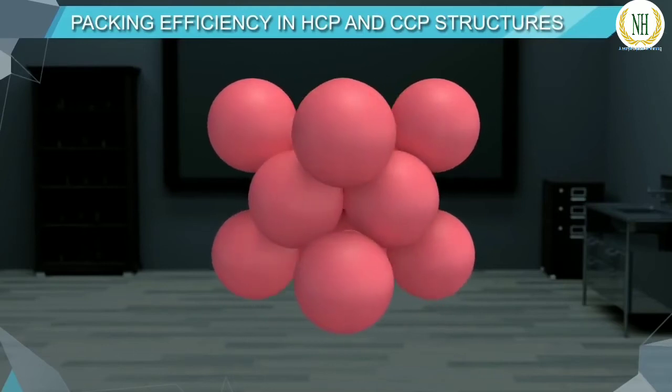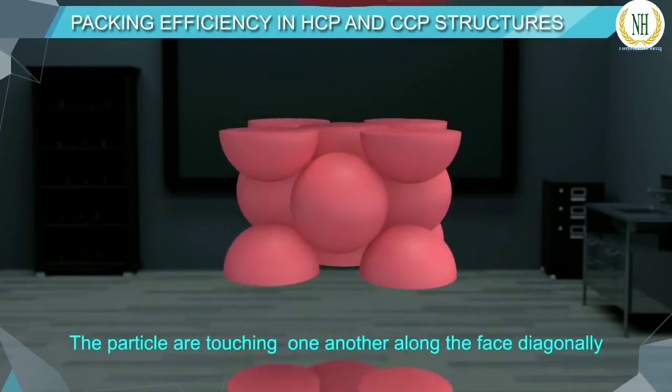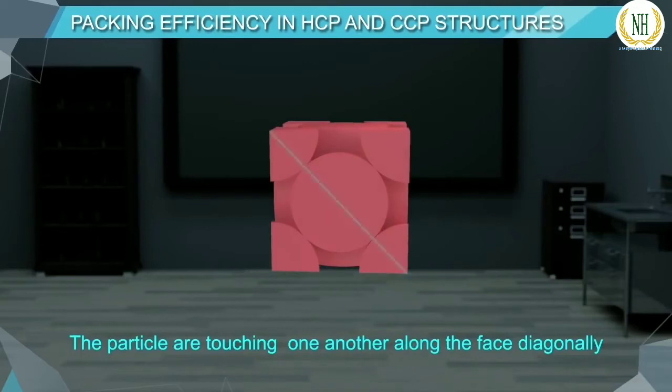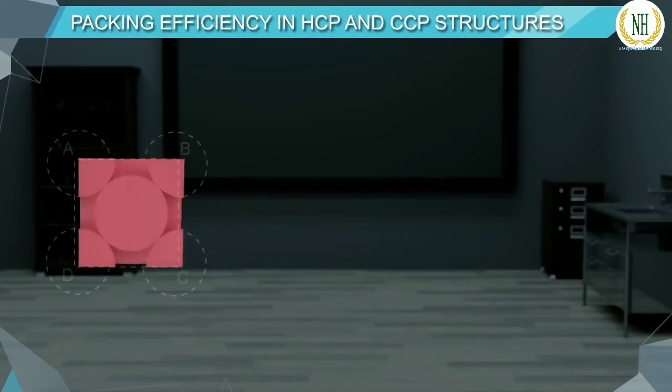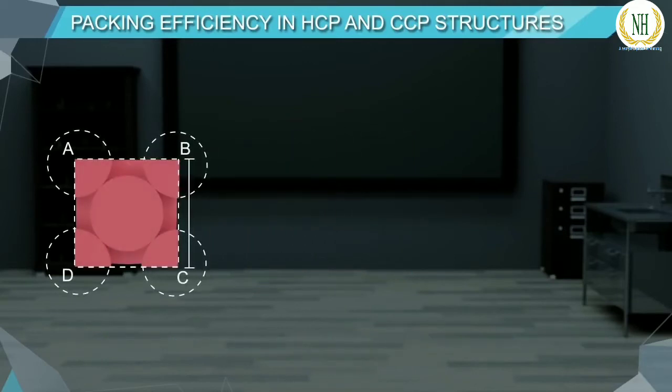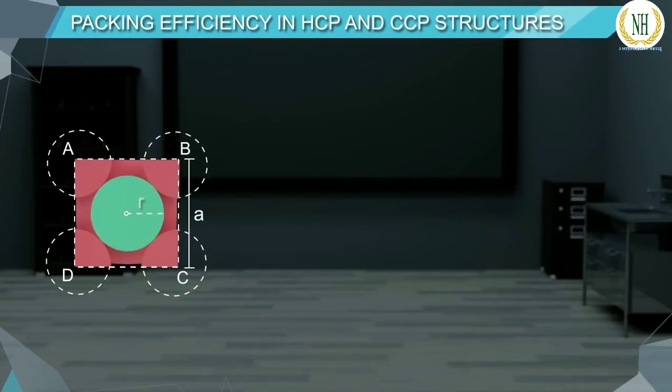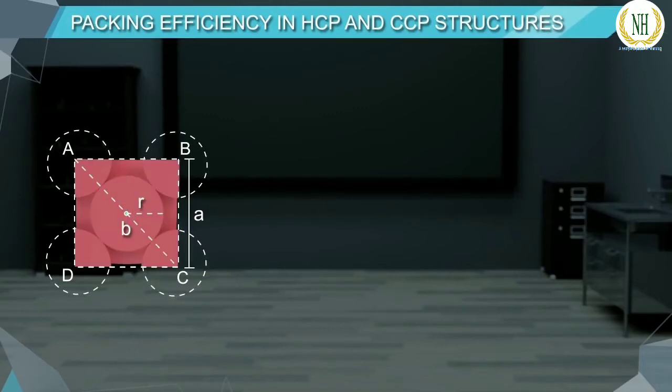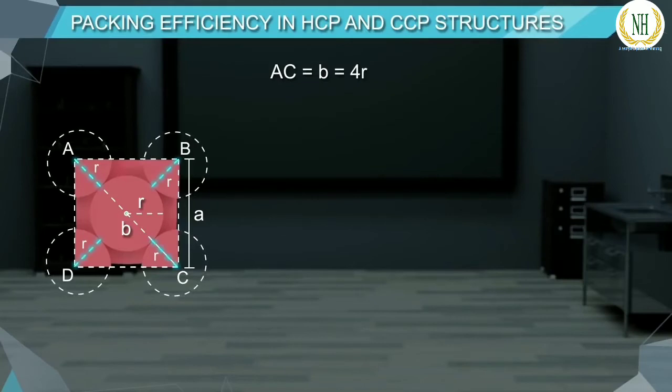In this type of arrangement, the particles are touching one another along the face diagonal. Let the edge length of the unit cell be a, the radius of each sphere be r, and the face diagonal be b. AC is equal to b, which is equal to 4r.